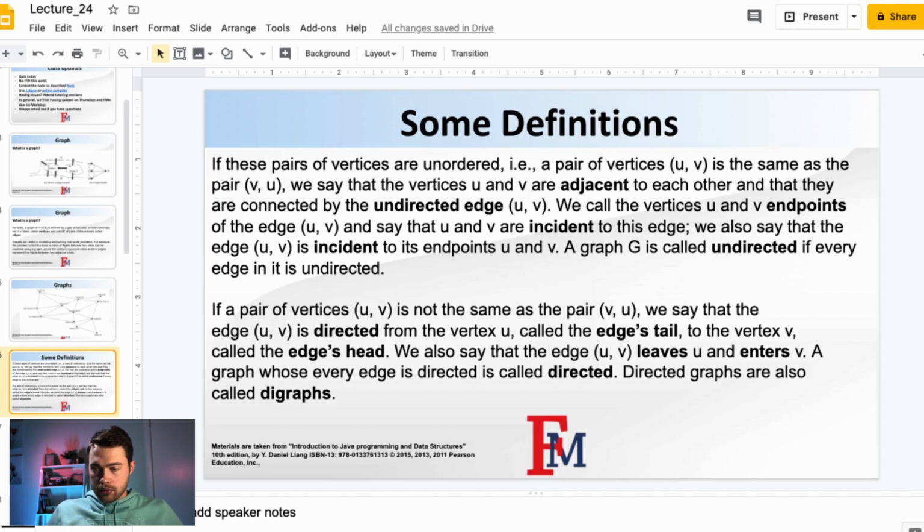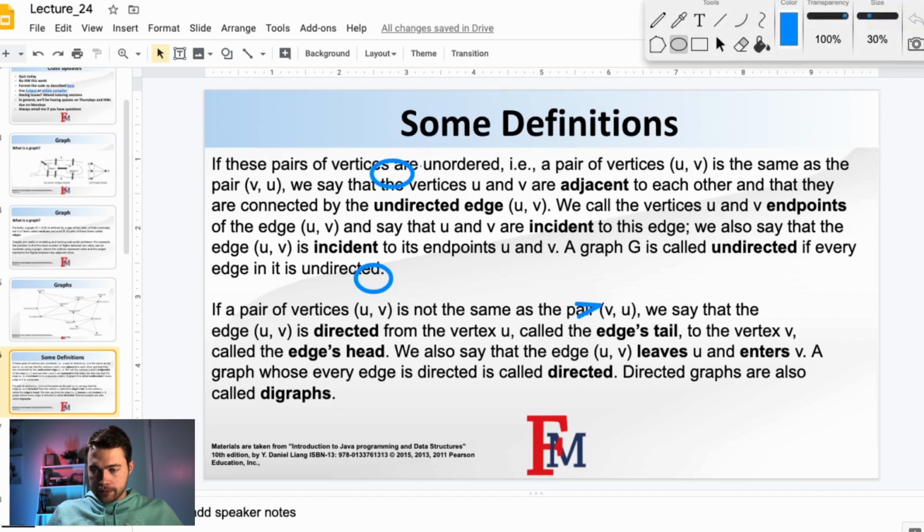So for example, let's say I have this, and those are the two vertices. Let's call this guy U, this guy V. We'll call vertices U and V endpoints of the edge.